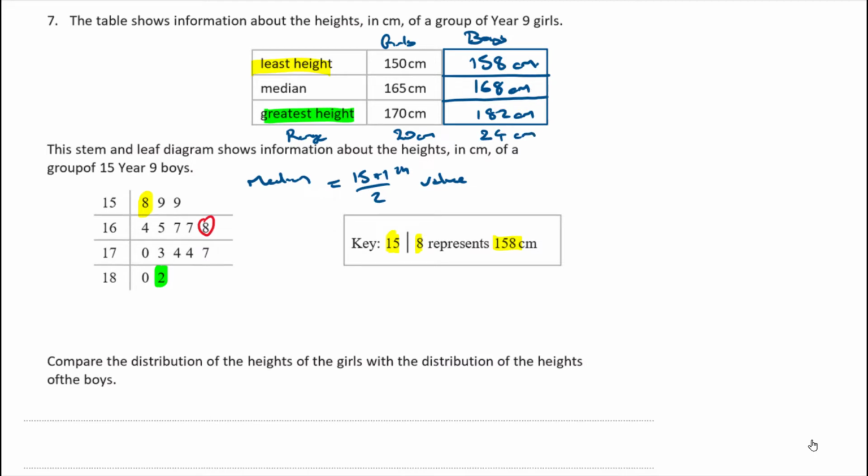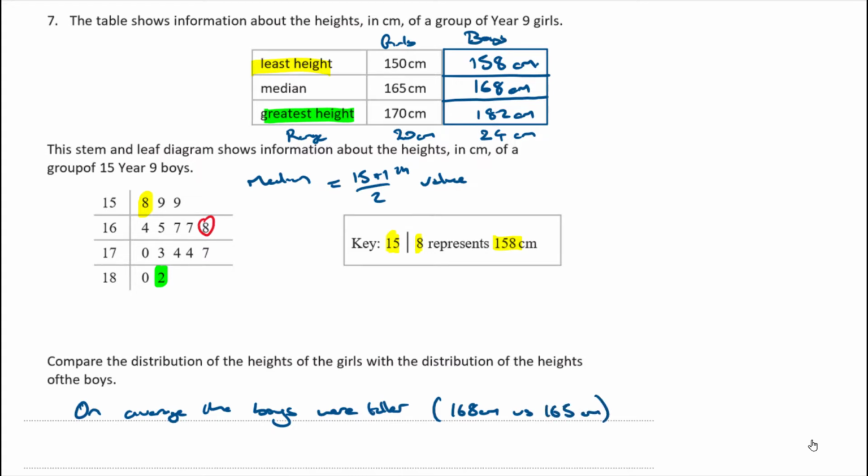Okay, so now I've got all the data I need to compare them. First off, I can compare the central tendency or average. I can say on average, the boys were taller, 168 centimeters versus 165.